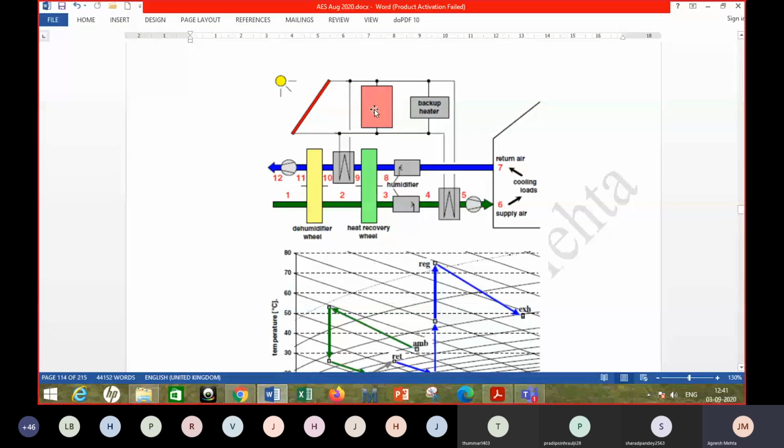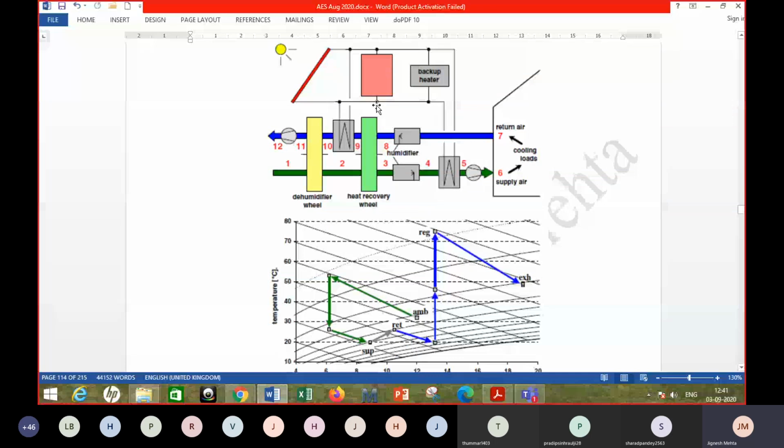And this one seems to be some kind of storage because solar energy is not available uniformly throughout the day. So this can be a storage tank, let's say a hot water storage tank. Right. So this is about the use of solar energy for air conditioning application.